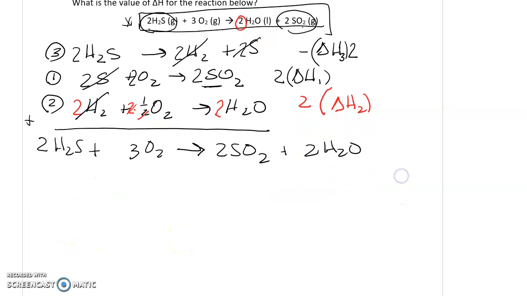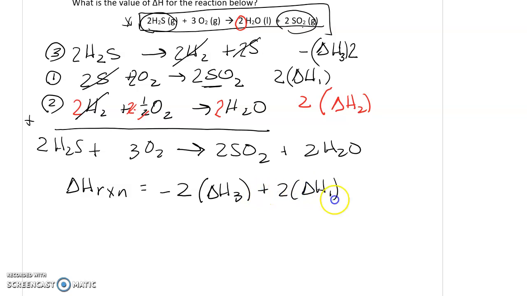So what's the last thing we're going to do? We're going to sum up our delta H for our reaction. So here we're going to have minus 2 times our delta H3. And then we're going to go ahead and add our 2 times delta H1 plus 2 times our delta H2. So now we can just plug everything in.